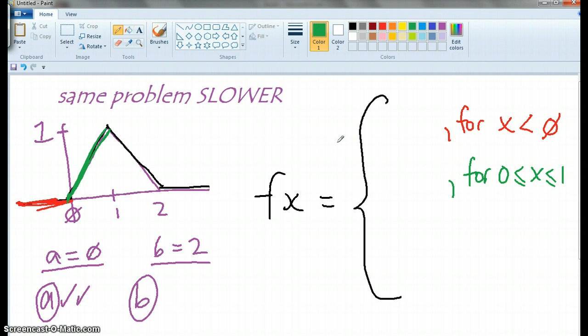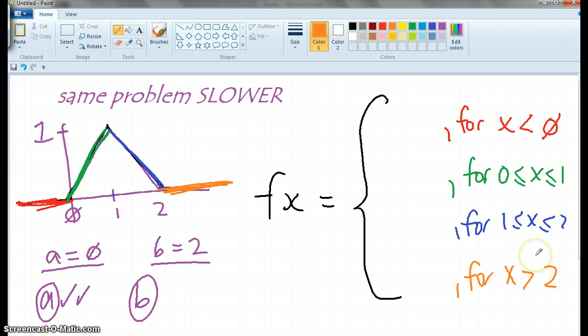So that's the green part. Then this is the blue part, for x between 1 and 2, so x between there and there. And then orange, this bit there is 0 for x greater than 2. Okay, so we've got 4 parts.